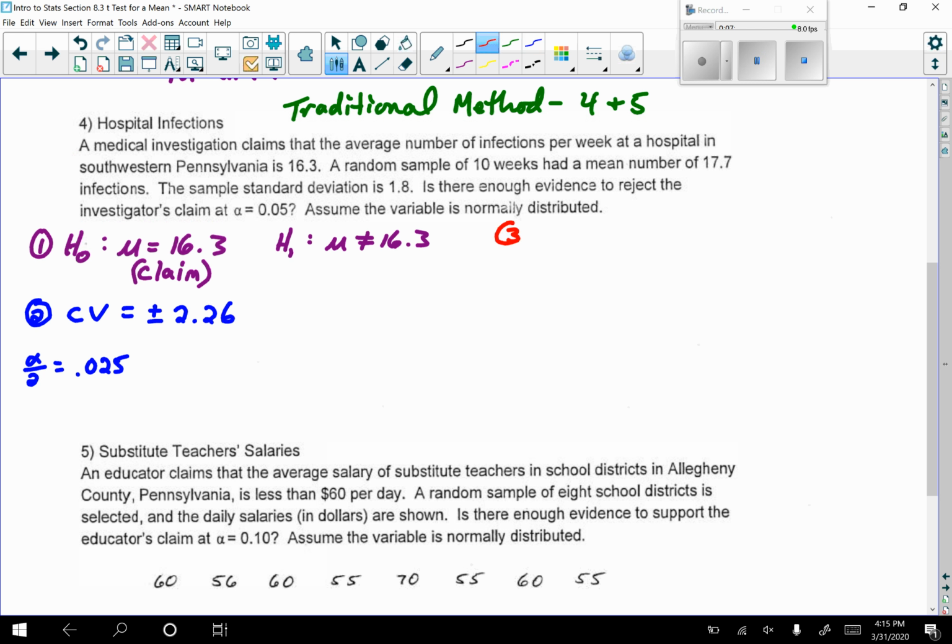Step 3 is the test value. Make sure that you either say the test value equals or t is equal. In this case, we're going to have a 17.7 is the sample mean minus 16.3 divided by our standard deviation. Notice it says sample standard deviation.